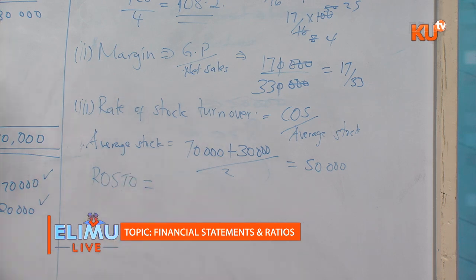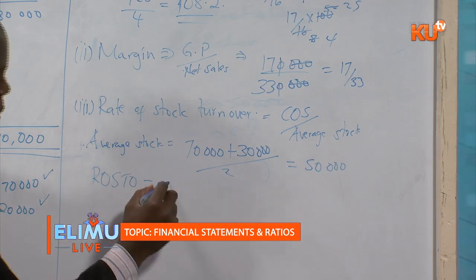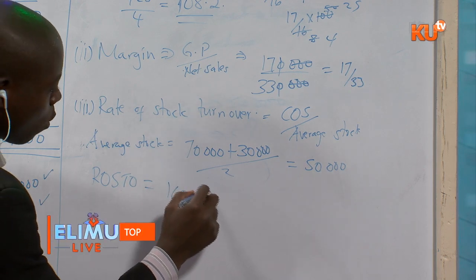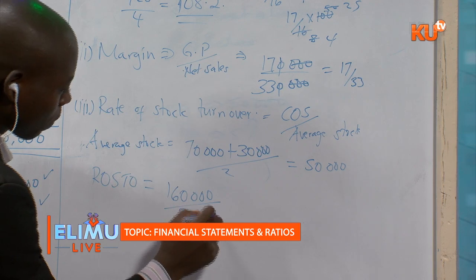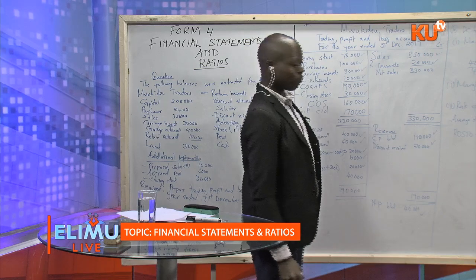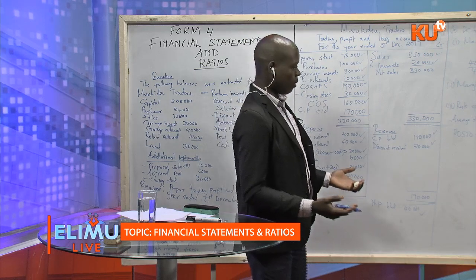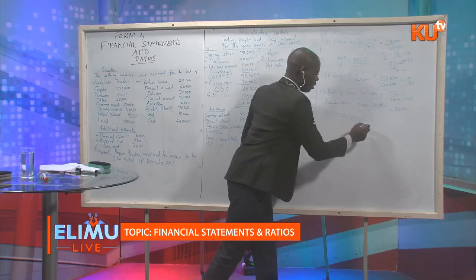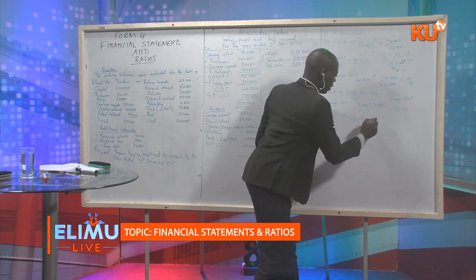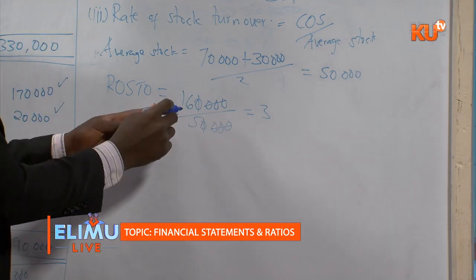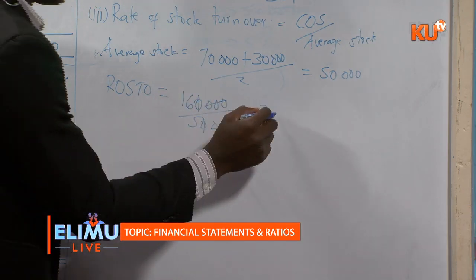our rate of stock turnover will be equal to our figure for the cost of sale, which is 160,000. We divide by the average stock, which is 50,000. We cancel, so that gives 16 over 5, that is 3.2.